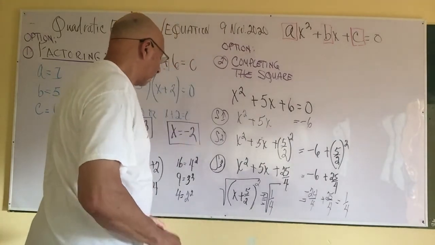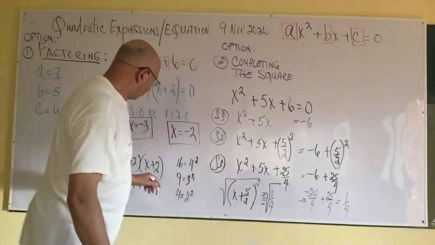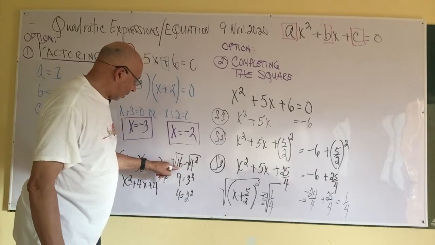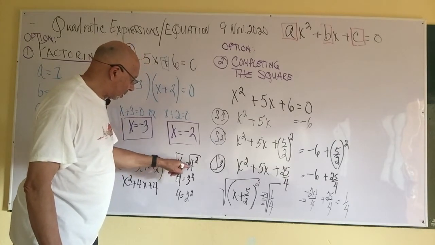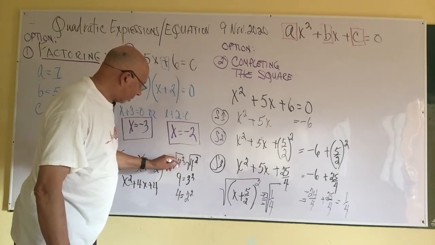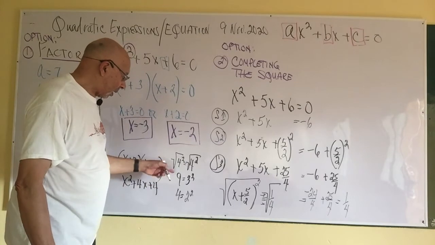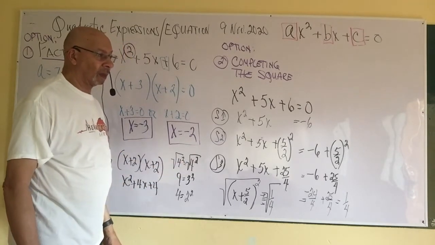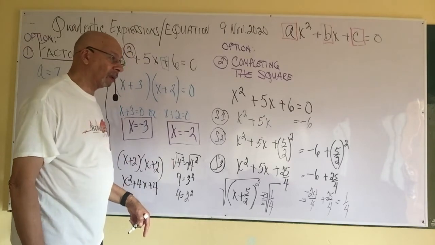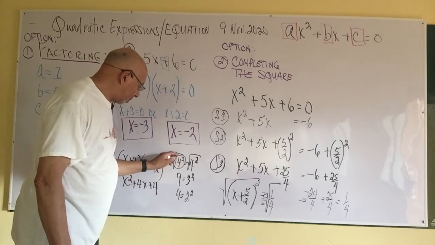So the square root of 16, let's say, is 4, but if this was 4 squared, and I took the square root of 4 squared, it's still 4. Because the square root of 16 is 4, so the square root of 4 squared is 4.